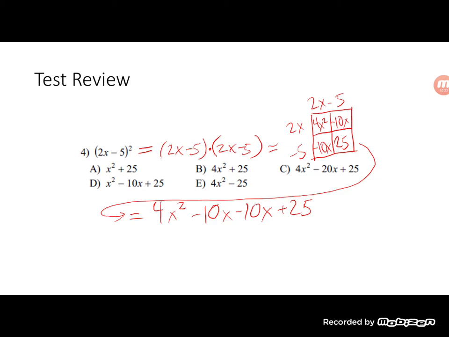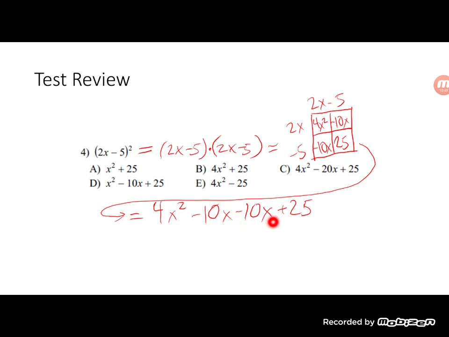Okay, so now I may stop and I may look for an answer that resembles this, but you may be out of luck and you're not going to find one. And the reason why is because there's more simplification that can be done to this. When we look at this, we see x squareds, we see x's, and we see non-x's. And remember, anything that is a like term can be combined. And so x squared doesn't have a like term, this 25 doesn't have a like term, but these 10x's are definitely like terms.